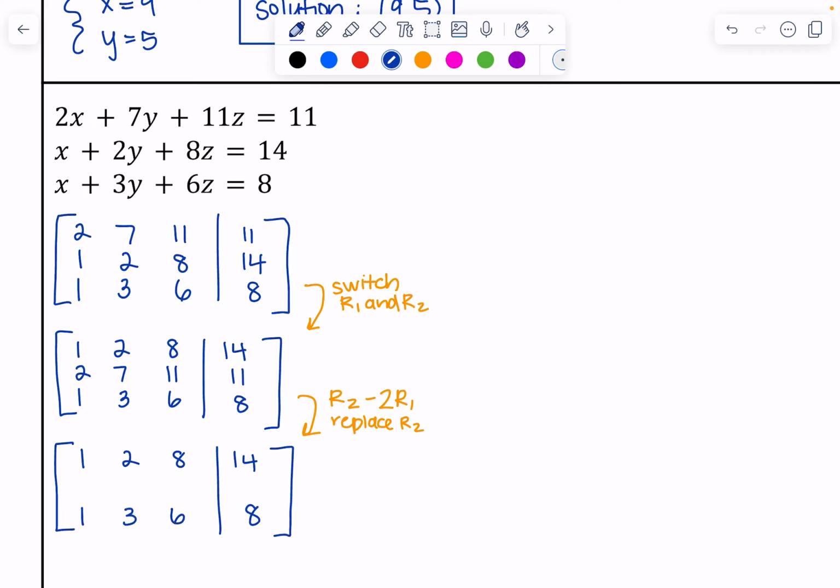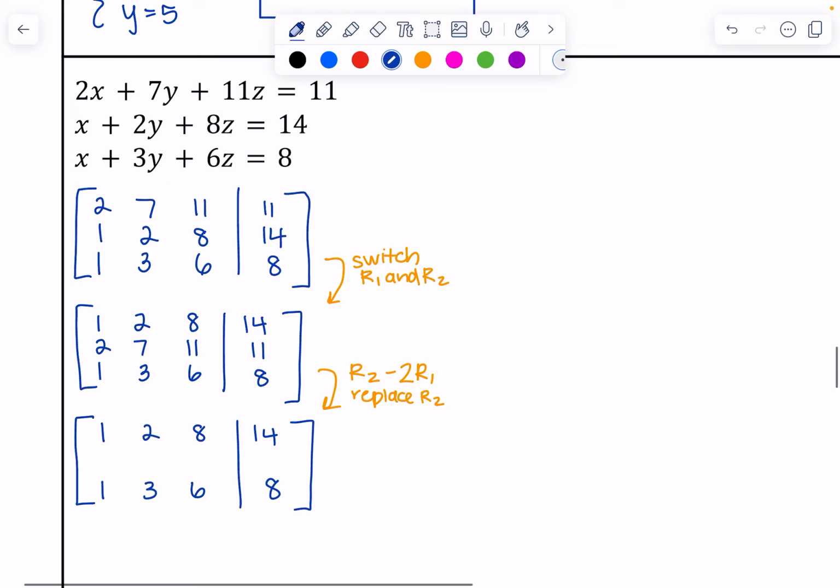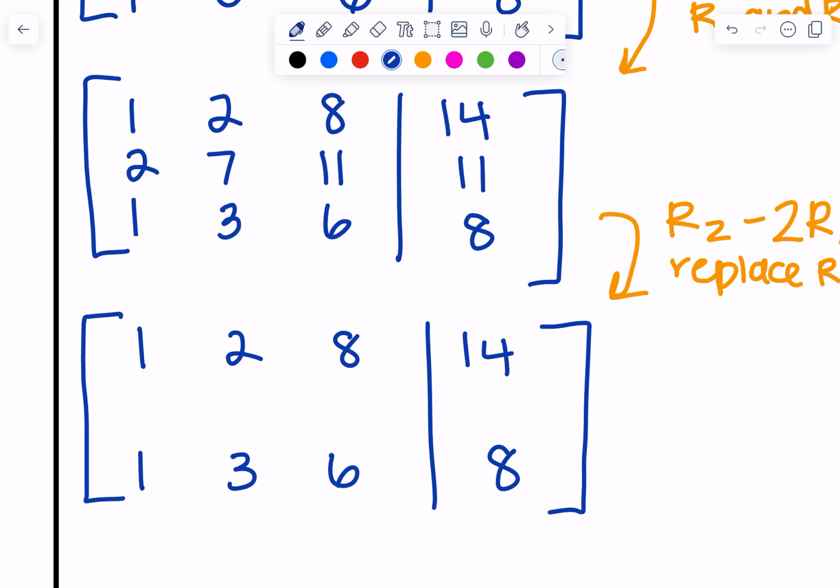And for the middle, I'm doing row 2 minus 2 row 1.